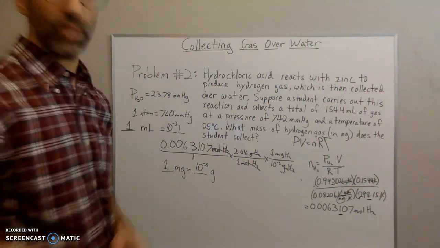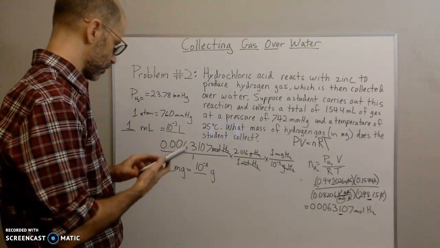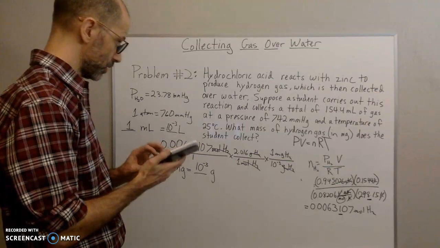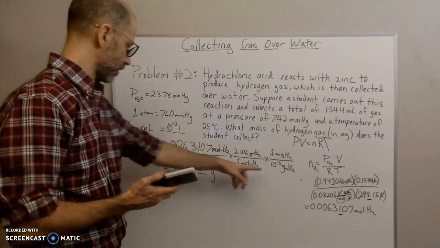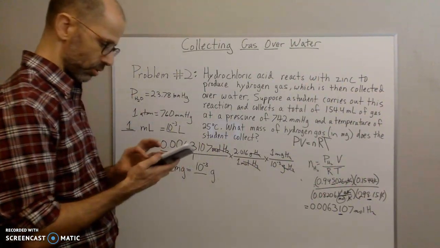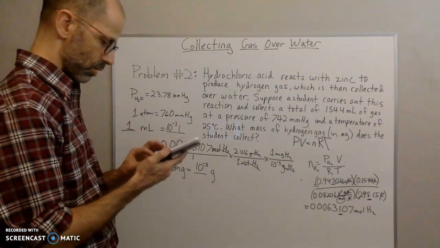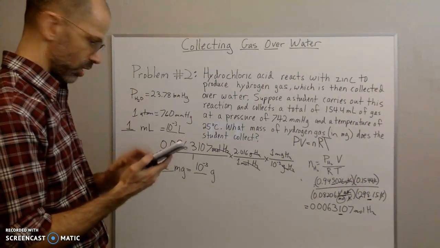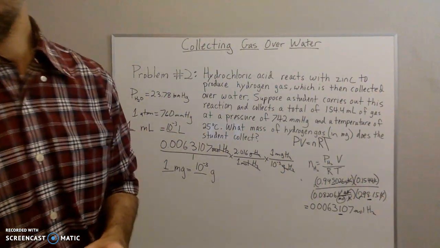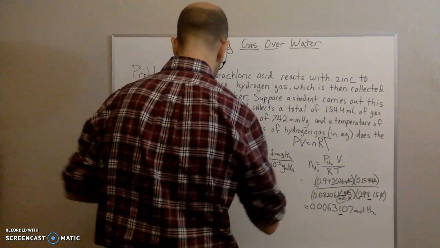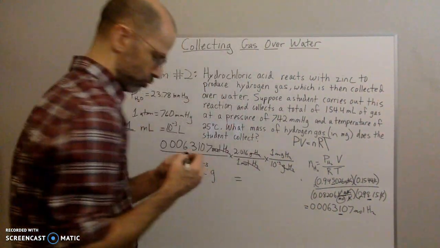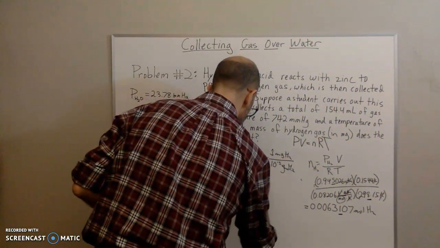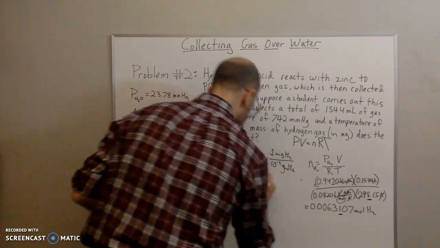So now all I need to do is calculate. So this times 2.016, and then divided by 1 times 10 to the negative 3 equals, and so the number of milligrams is equal to 12.722 milligrams.